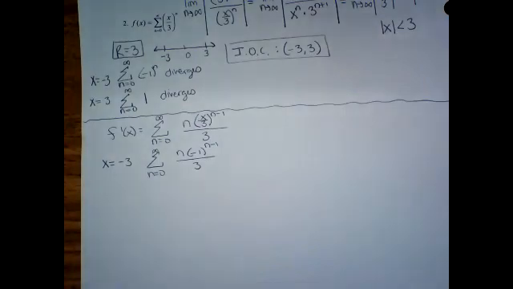Now it is an alternating series, but think about what you would do for an alternating series test. The first thing you would do is take the limit as n goes to infinity of that. What's that going to give you?